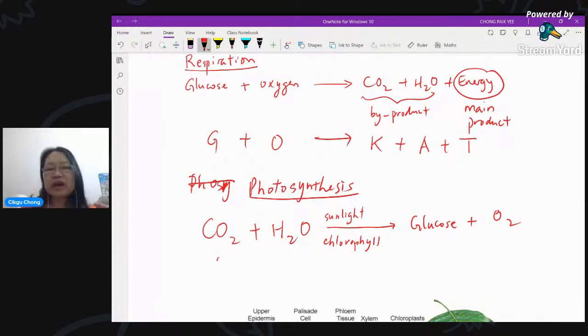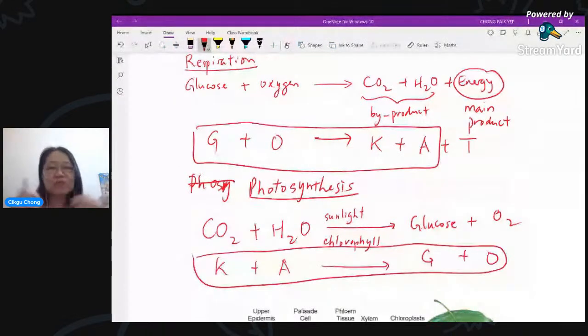They are actually opposites. Respiration is breaking down the molecule of glucose to get water and carbon dioxide. And at the same time, you can make it backwards. That means you take the carbon dioxide and water, and then you form back the food. So they are total opposites.